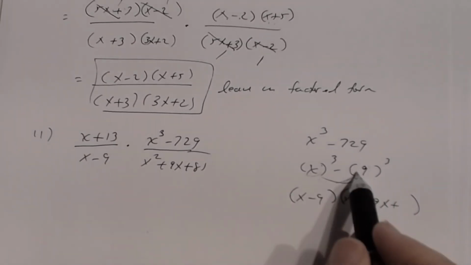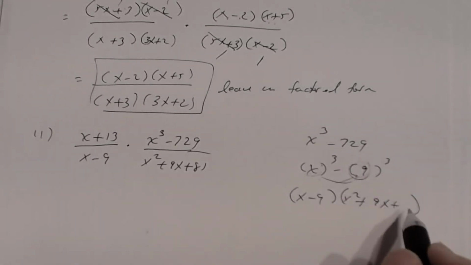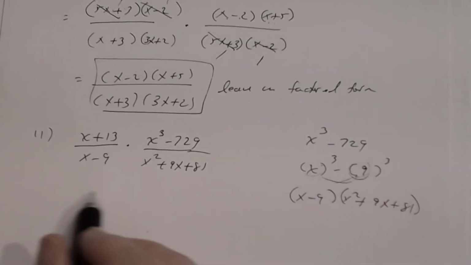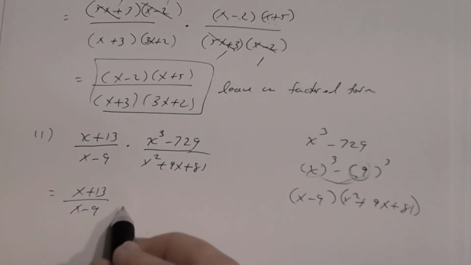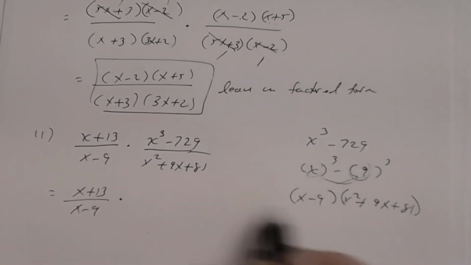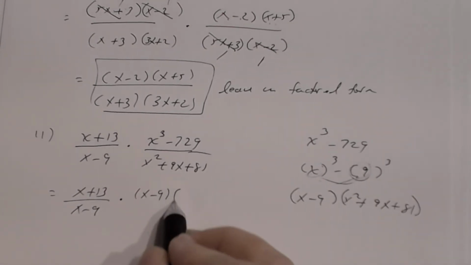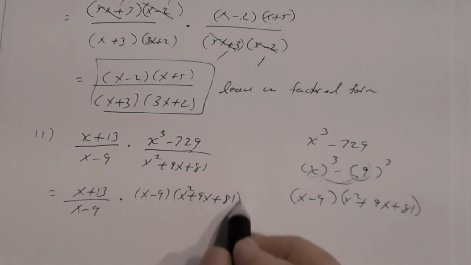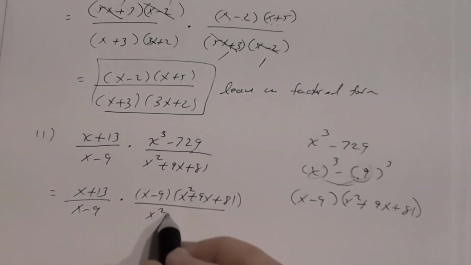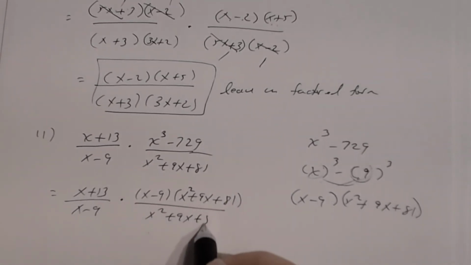And then plus the last squared. So 9 times 9 is 81. So that's the numerator. So I'm going to get x plus 13 divided by x minus 9 times this right here, x minus 9 times x squared plus 9x plus 81 divided by x squared plus 9x plus 81.